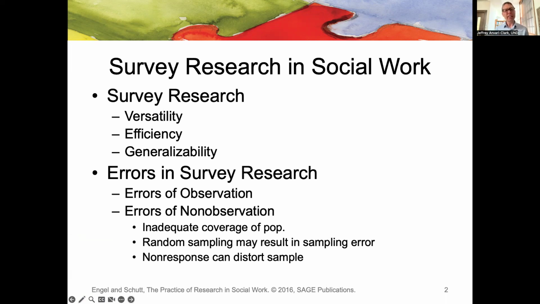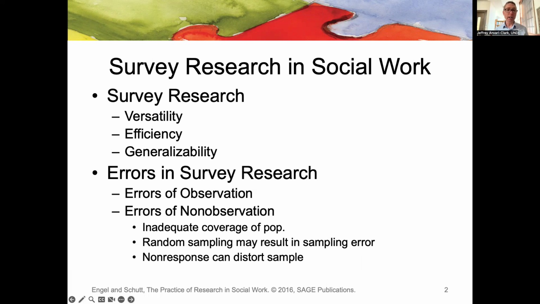Now, there can be errors, such as errors of observation. So this would have to do with the study itself, where maybe you've got some poorly written questions, or the way that the questions are presented, if they're done in kind of a haphazard manner.